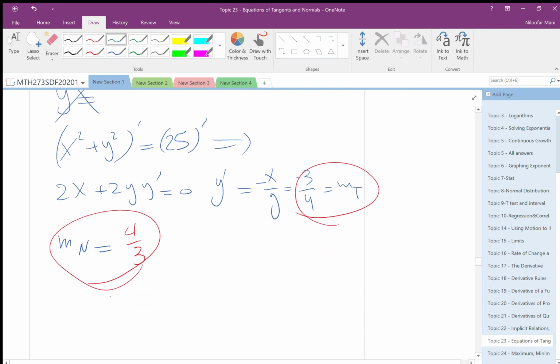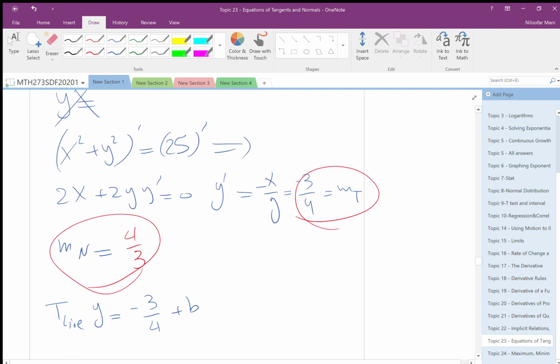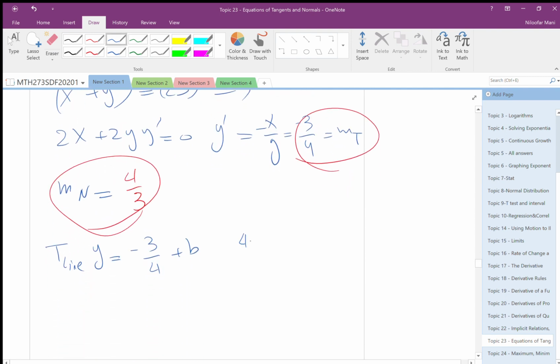So for the tangent line, it is y equals minus 3 over 4 x plus b. And then you can find b. How? You can look at the point here, 3 and 4. So you put 4 here, equals minus 3 over 4 times 3 plus b.